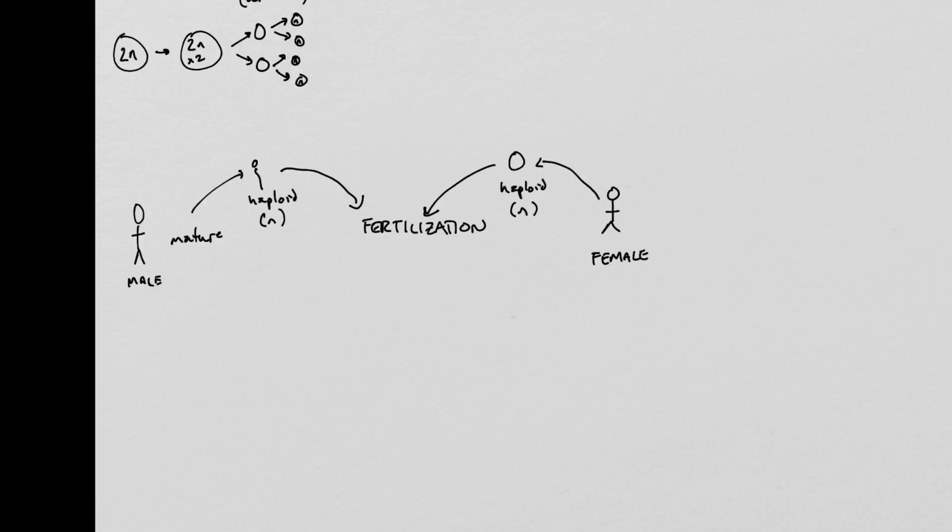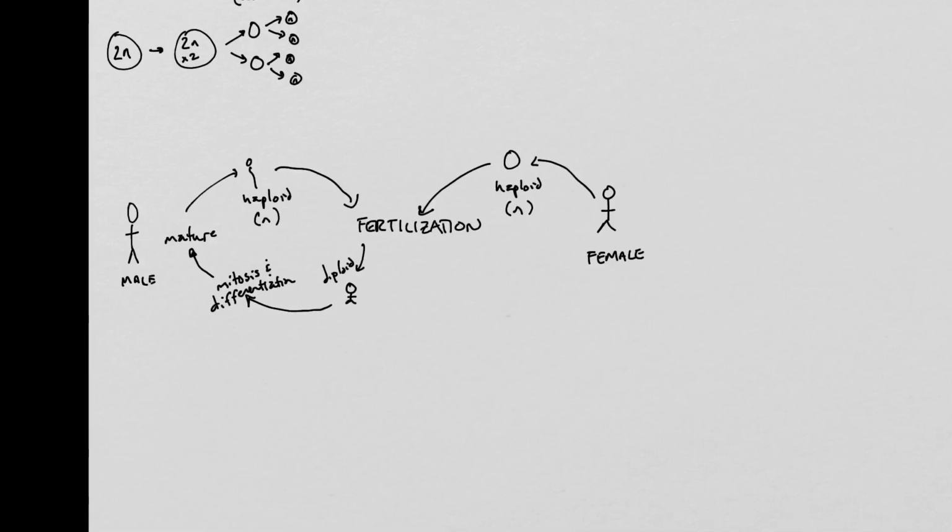Now, this baby here that is formed, how do we draw a baby? They have a giant head, so there we go. Okay. If this baby is male, all of its cells are now diploid. These cells will divide and differentiate until it becomes mature, at which point it starts to produce haploid sperm cells that can be used in fertilization, and the same thing happens here.